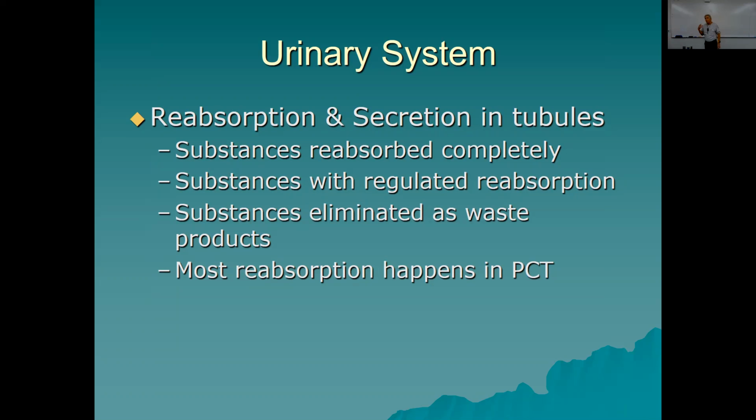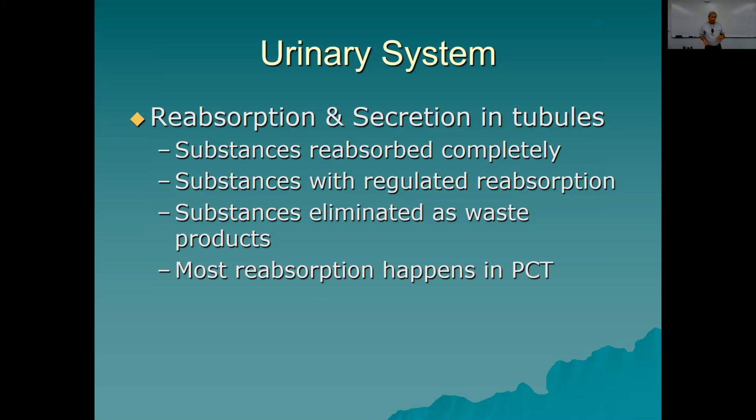Substances eliminated as waste products, such as urea. Urea is filtered at the glomerulus. It's both reabsorbed and secreted. It's strange that you reabsorb this waste product, but we do.